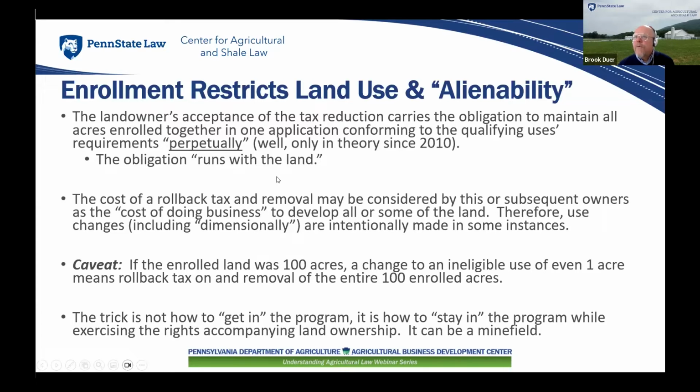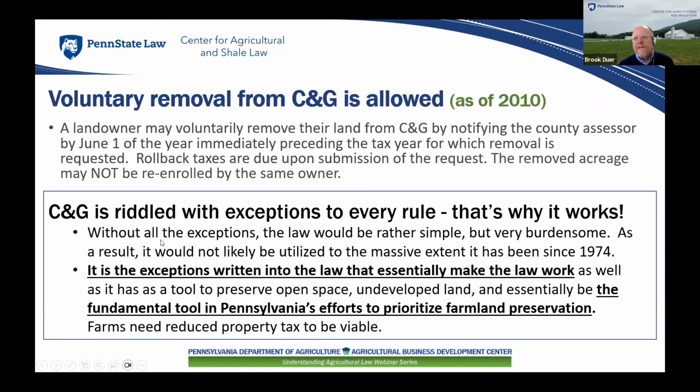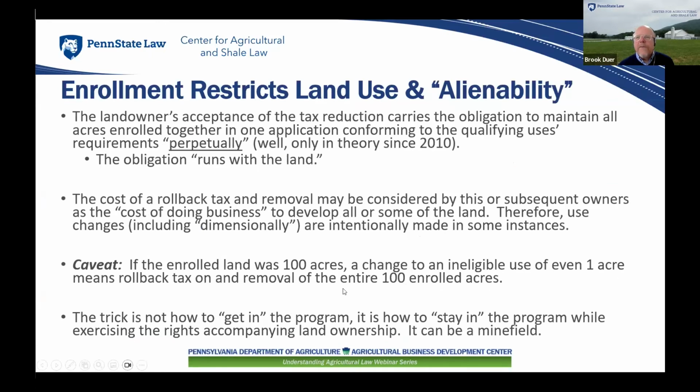I'll put it this way. The circumstances are such that you're going to pay the rollback taxes if you enrolled the full 300 acres, and then you can re-enroll the balance, the remaining 270, and the solar developer hopefully is paying for all that.